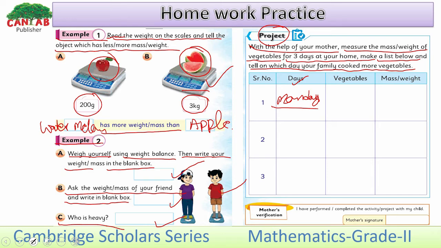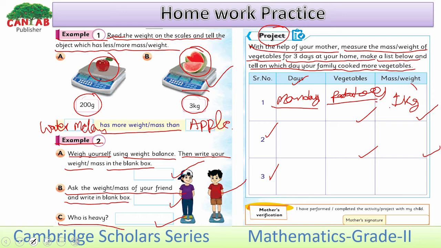Like chicken, it may be potatoes. So what is the weight? 1 kg. And similarly, Monday, Tuesday, Wednesday, write for 3 days and then vegetable names and then their weight. At the end, identify on which day your family cooked more vegetables.